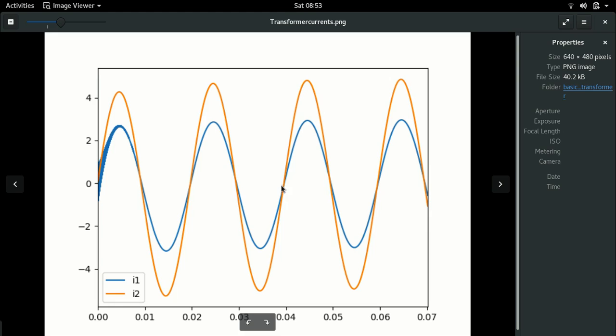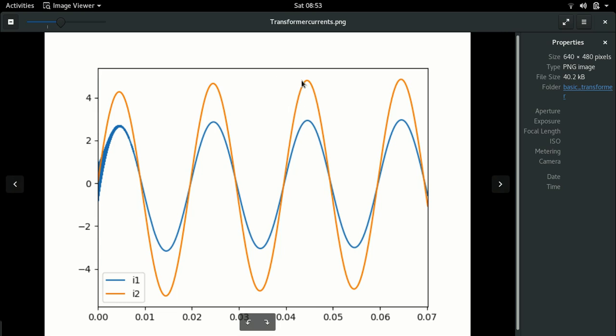Even though the secondary current is larger, remember, the low voltage winding will have higher currents, and the higher voltage winding will have lower currents, right? So since we have a step down transformer, the secondary winding, which was lower voltage, has a higher current, right?